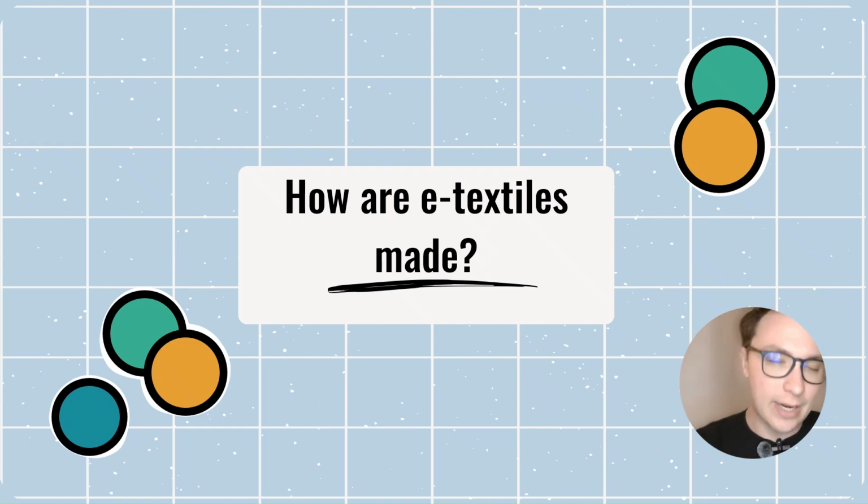Let's go to the second question of today's lecture: how can we actually make our electronic textiles? Well, let's start from the very basics. Let's build our own building block. So we have to start, of course, from the textile choice.